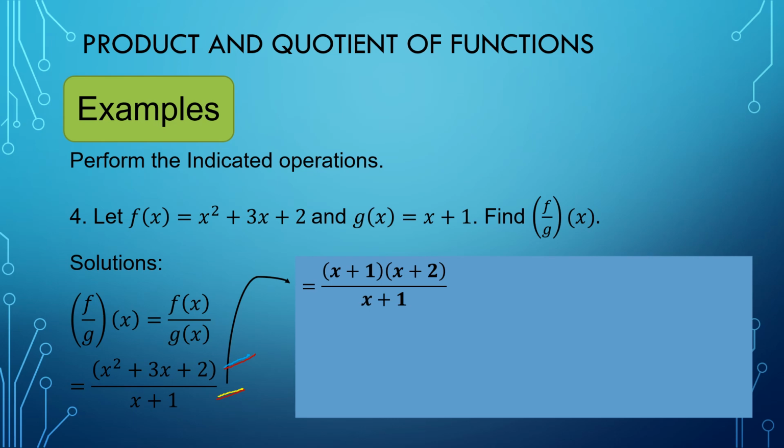The factors of x squared plus 3x plus 2 are x plus 1 times x plus 2. Here, we can cancel x plus 1 since x plus 1 divided by x plus 1 is just 1. So we have x plus 2. Again, the quotient will be x plus 2.